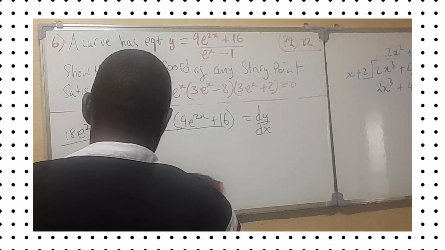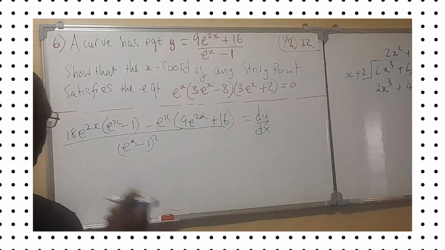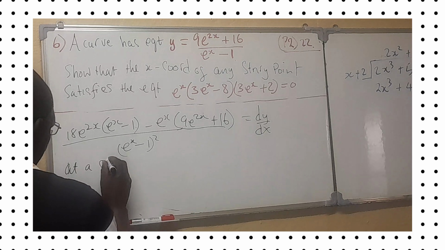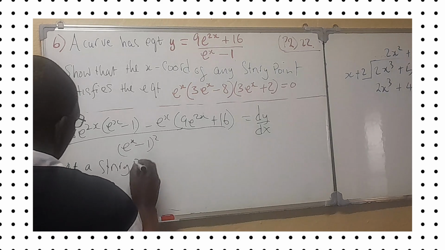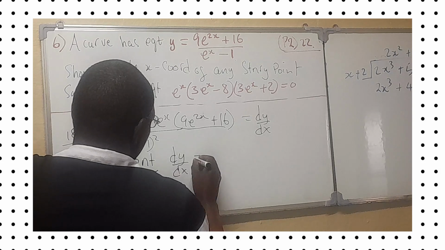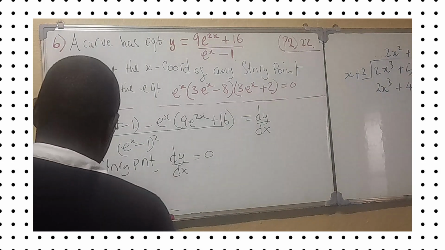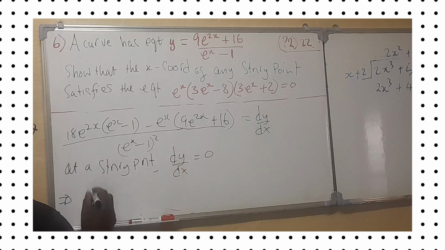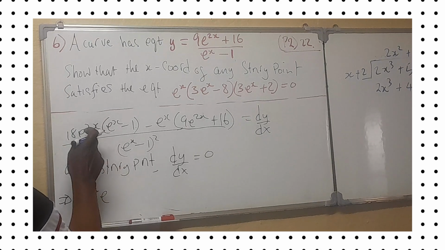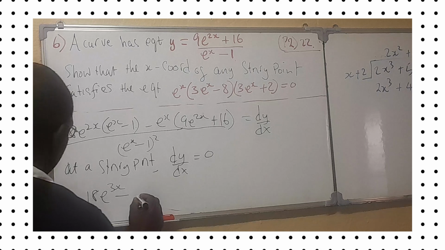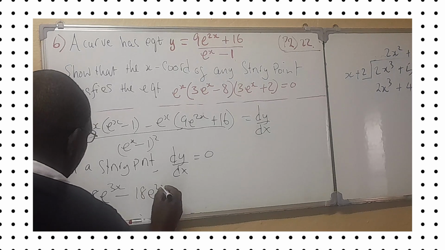So let's make the conclusion that at a stationary point, dy/dx is equal to 0, which implies that the top here, and we can remove the brackets, is 18e^x times e^(2x), of course, becomes e^(3x), minus that 18e^(2x).